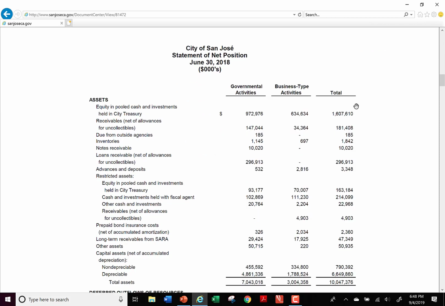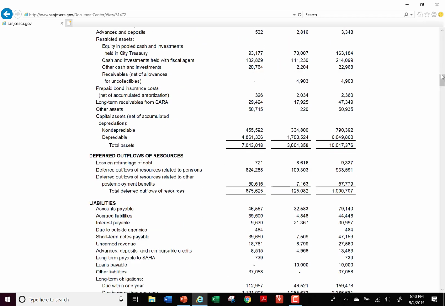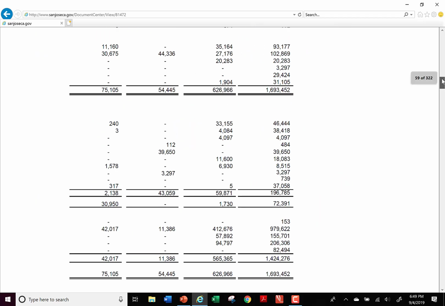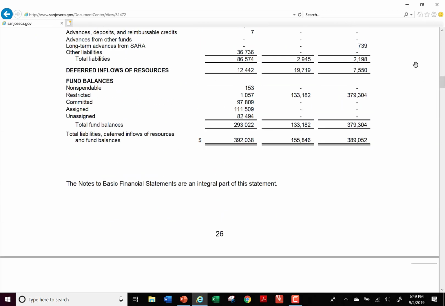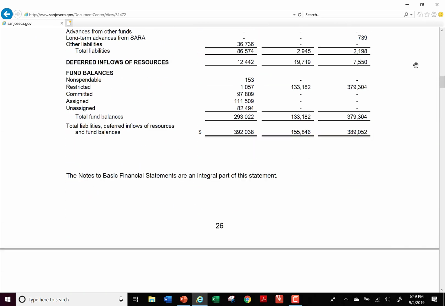Should we see the statement of net position? That is a government-wide statement. Should we see governmental activities, business type activities? Okay. There's also an operating statement down there, which is called the statement of activities. We'll talk more about that later.